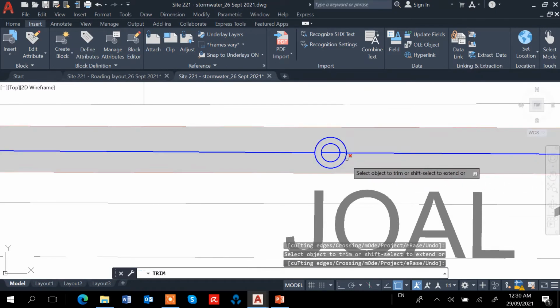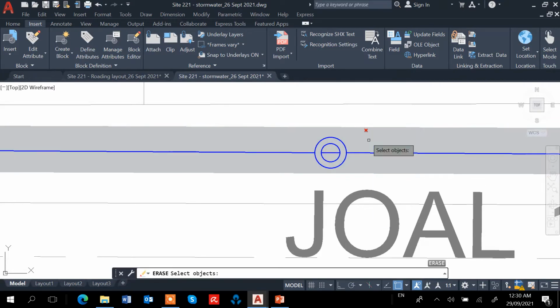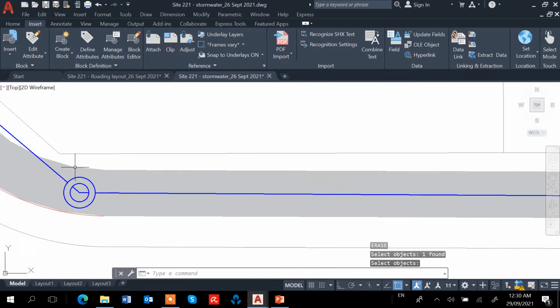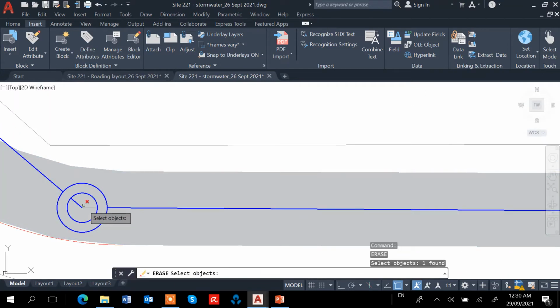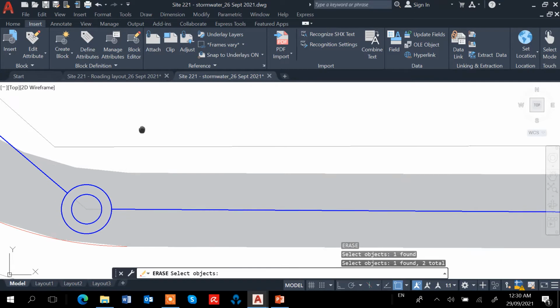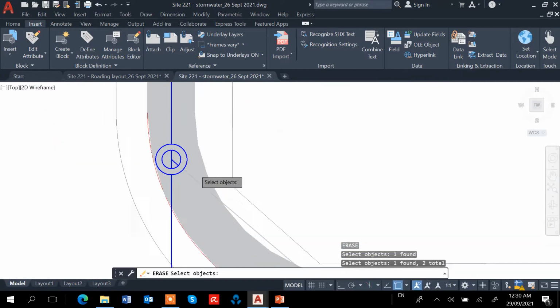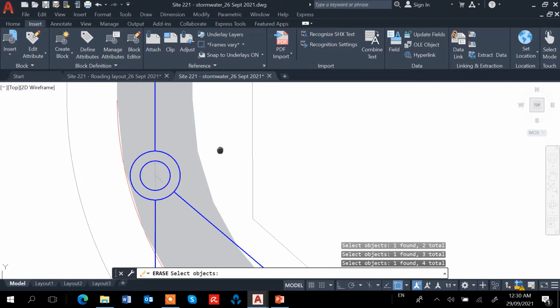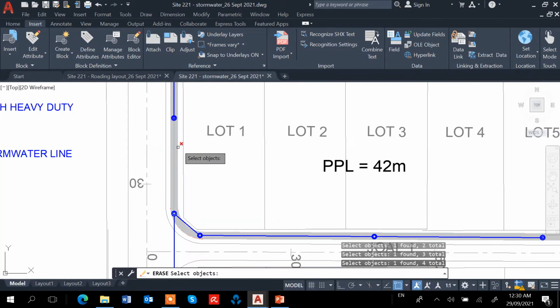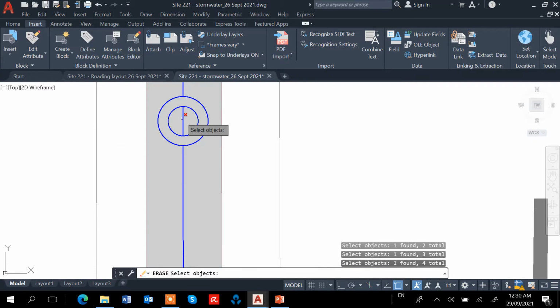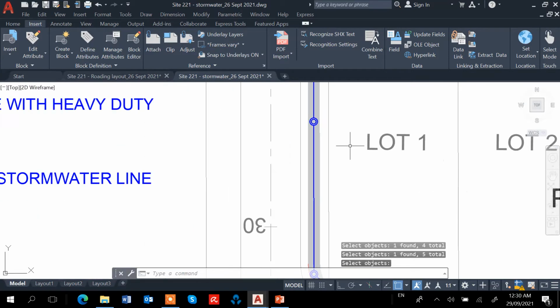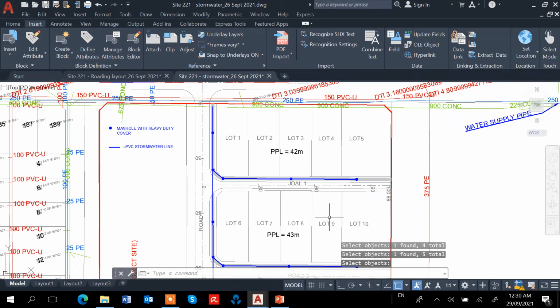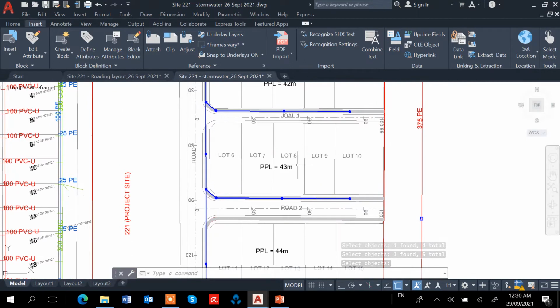Oops. So yeah, the inside one you can just erase it. So we introduce all this. I don't want to do everything because otherwise it takes too long.